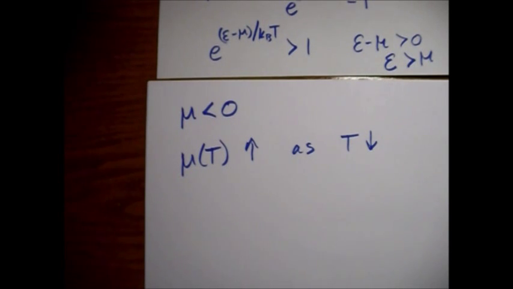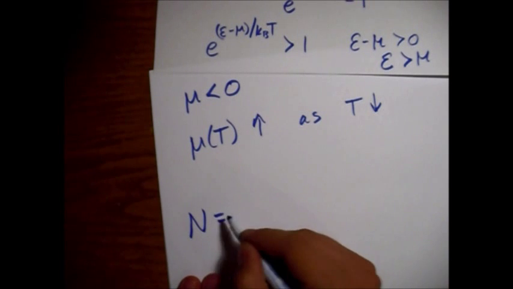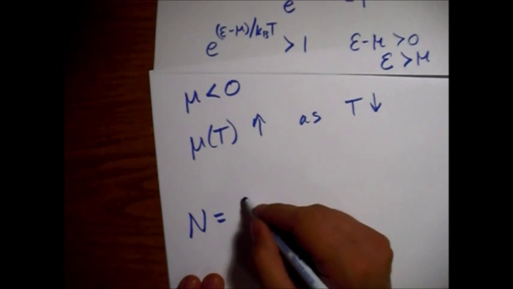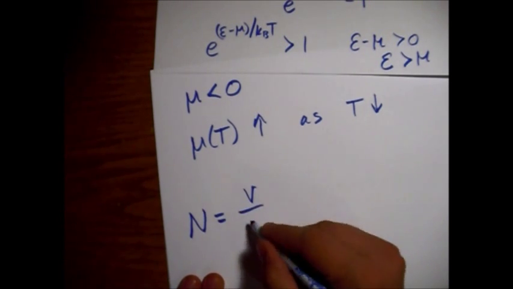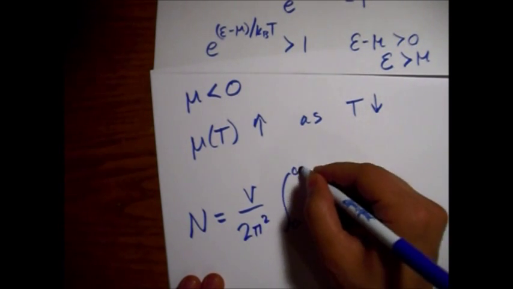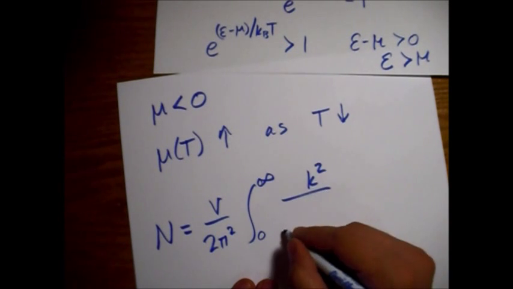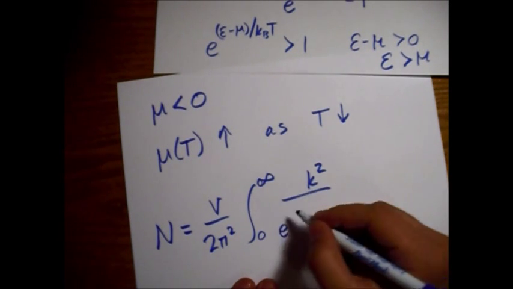We are assuming that N and V are held constant. And he gives us another big fat hint: study equation 5.108 with the minus sign. So equation 5.108 is N equals V over 2 pi squared, integral from 0 to infinity, of k squared over e to the epsilon over kBT, minus 1 for bosons.